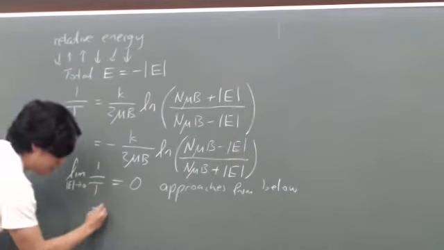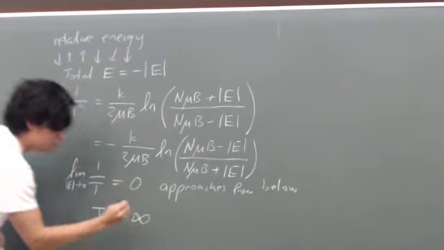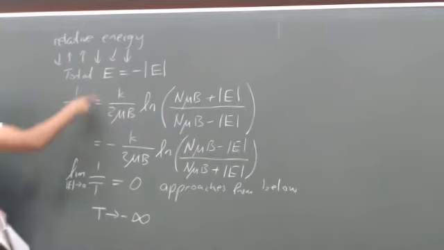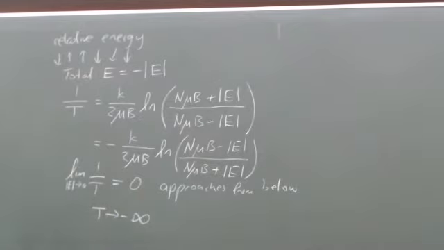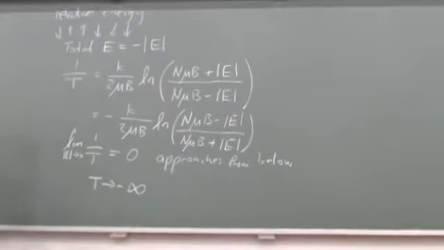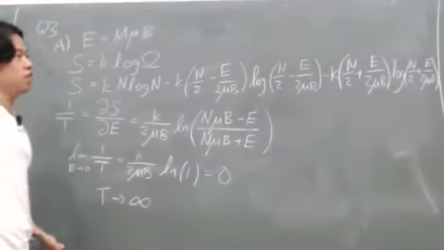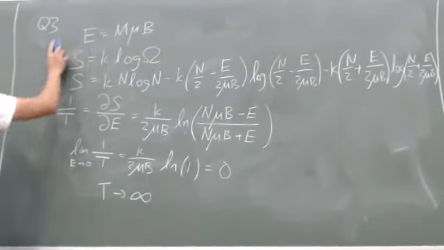That means T actually goes to negative infinity when you have a negative relative energy. So that's how you get a negative temperature. Not quite sure what the deep implications are.